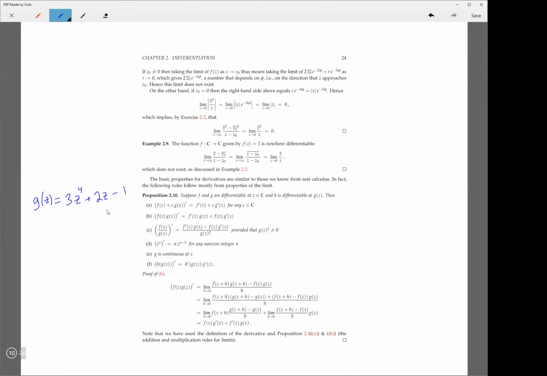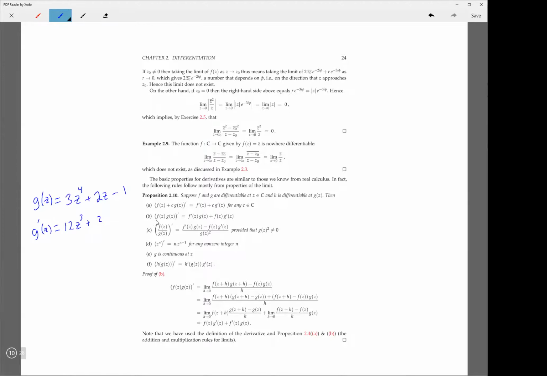This is going to be just 1, right? The derivative of that's just 1. And so these properties allow you to just take derivatives as before. So that's going to be 12z cubed plus 2. That's going to be the derivative of g in this case. Namely, this property right here would allow you to do that, treating these as constants like in the regular stuff.